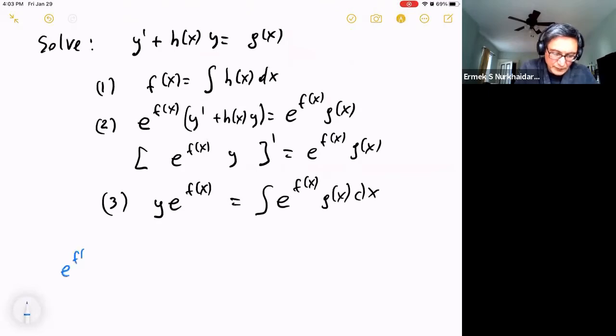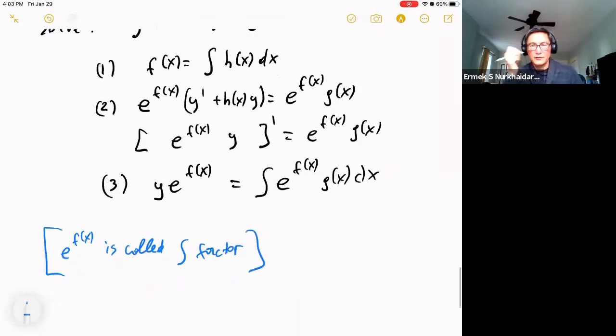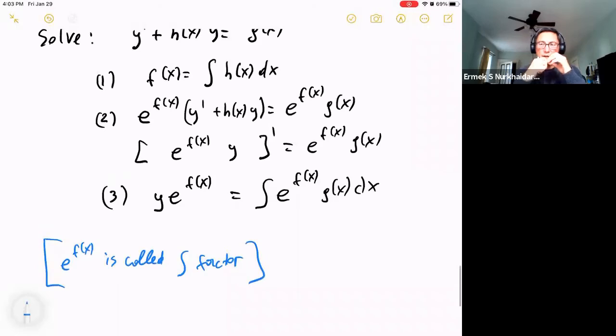E to the f of x is called the integrating factor. We're going to call it the integrating factor. Okay, so we're going to do three steps. Are we comfortable?